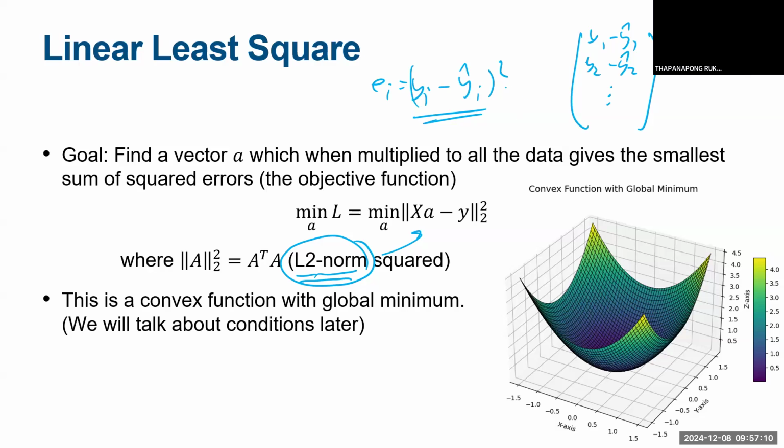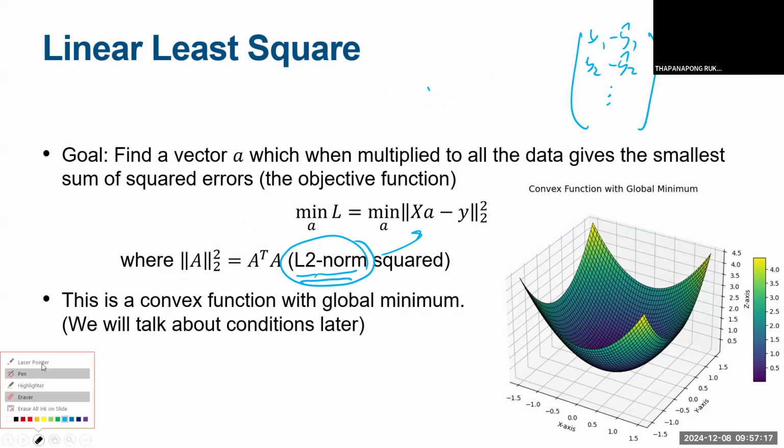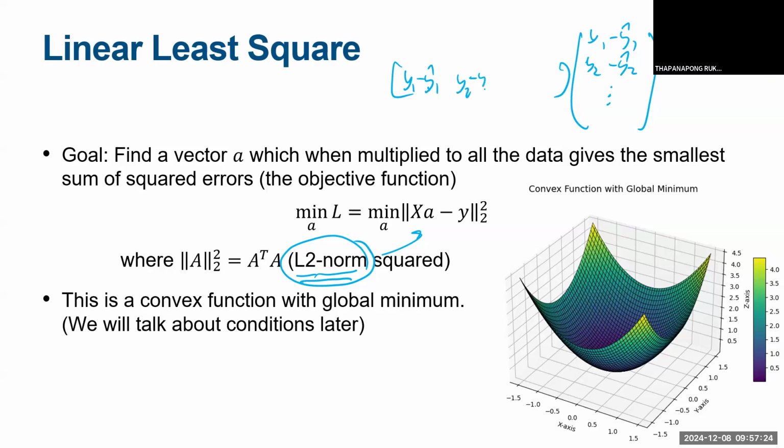And then when we do the transposition, you would have y1 minus y hat 1, y2 minus y hat 2, and so on. And then when you multiply these two matrices, what do you get? You get y1 minus y hat 1 squared, and so on.